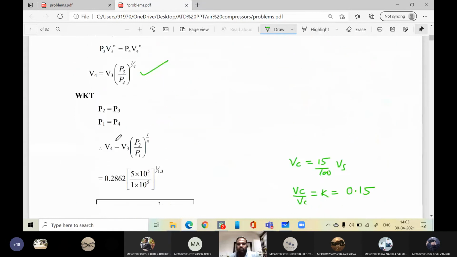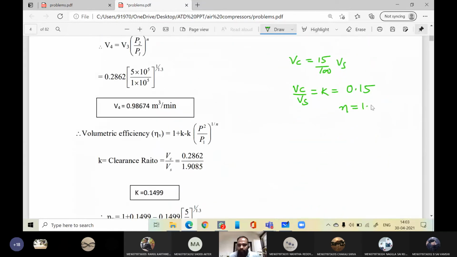The n value is given as 1.3, P1 is 1 bar, P2 is equal to 5 bar. So we can calculate volumetric efficiency by using this formula: 1 plus K minus K into P2 by P1 whole power 1 by n. By using this we will get the volumetric efficiency.